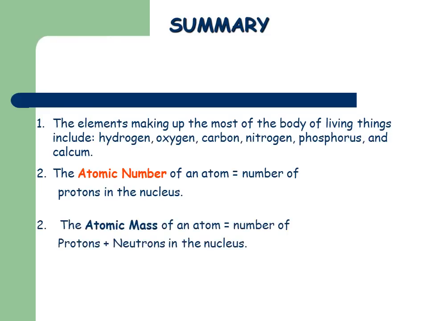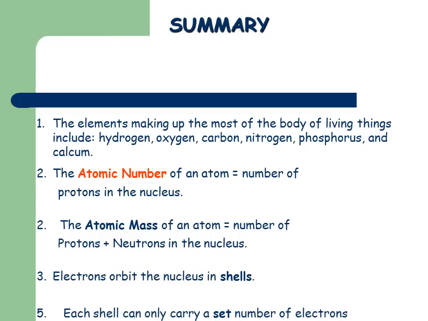The atomic mass of an atom is the number of protons plus the number of neutrons in the nucleus. Electrons orbit the nucleus in its shells, and each shell can only carry a set number of electrons. So this is just a little review of some basic atomic structure things you've probably learned, as well as our introduction to the elements that make up most of living things.